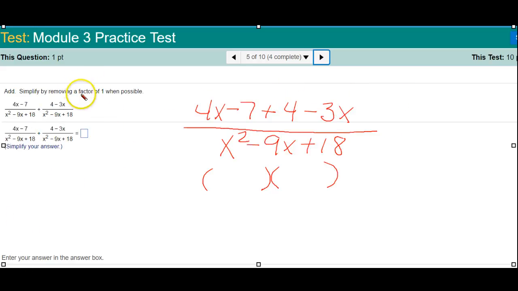Now in this example we are adding these rational expressions, these fractions. The rule is if the denominators are the same, which they are, you just put your numerators over the common denominator.